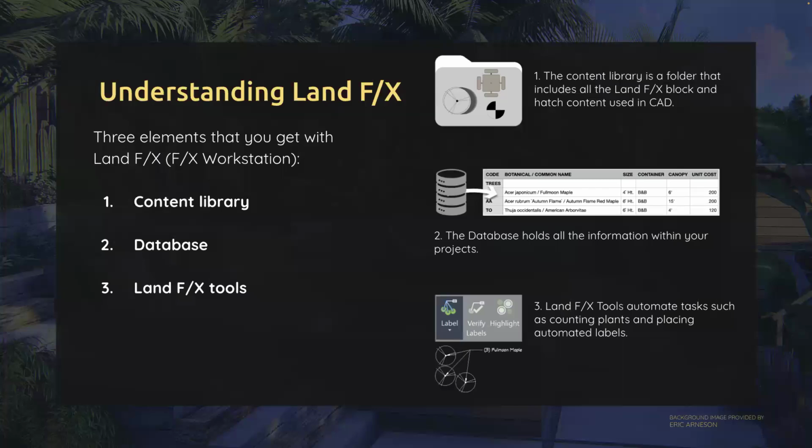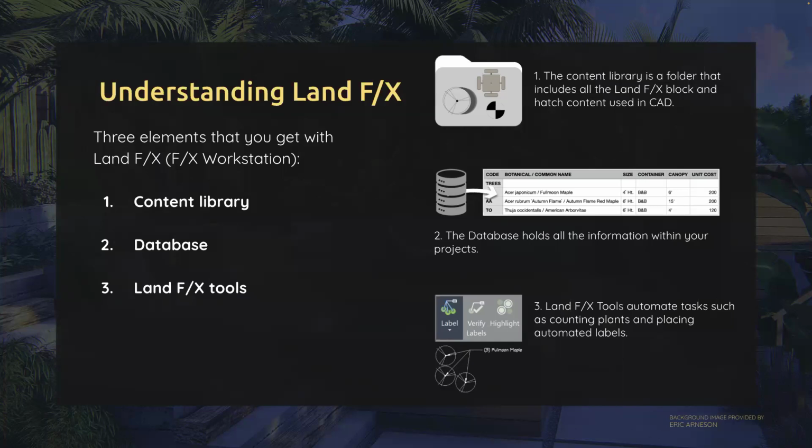But it's number two that makes Land Effects special. There are a lot of different sources where you can find content library, like you can download blocks and hatches from other websites. But what makes Land Effects special is that the data behind those objects makes them smart so that you can do a lot of the automation that is done in LandFX.